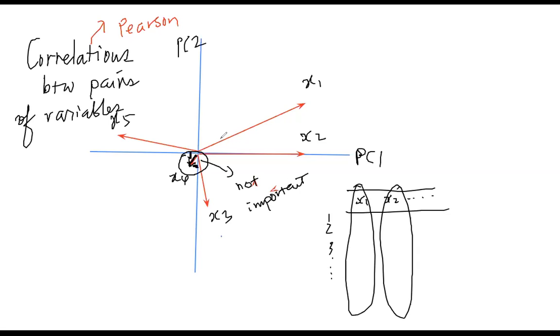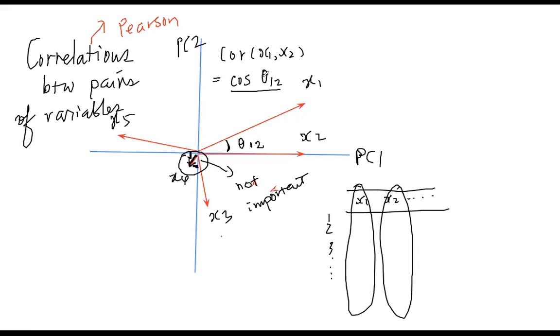So you can get the correlation by looking at the angle. For example, if you want to find the correlation between variable 1 and 2, of course this is the sample correlation, because you're dealing with samples. It's equal to the cosine of the angle between them. So this angle between these two vectors, let's label it theta 1,2.